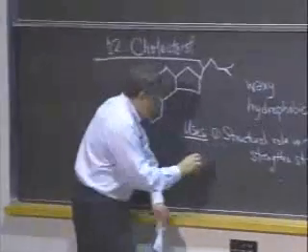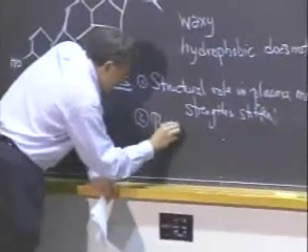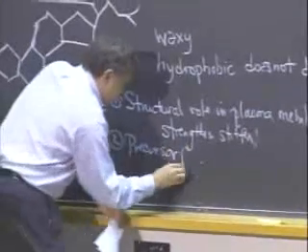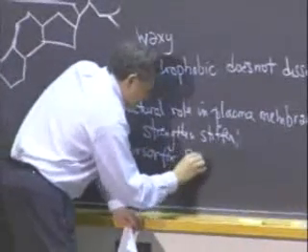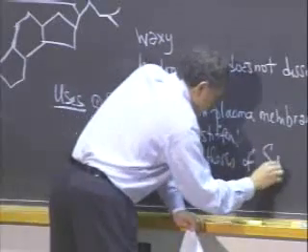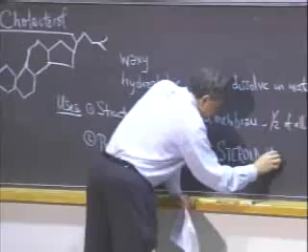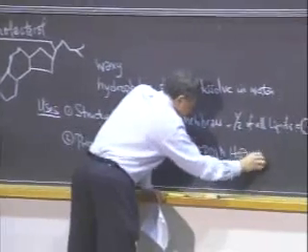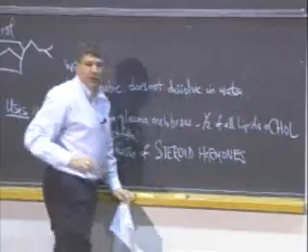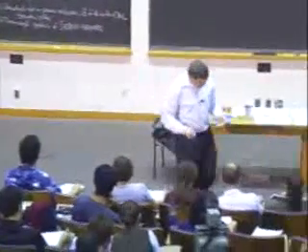They're also used, these complex molecules, as precursors for the synthesis of steroid hormones. Steroid hormones, of course, also are evil these days. Those of you who checked the New York Times today saw that Jason Giambi admitted using steroids to a grand jury.